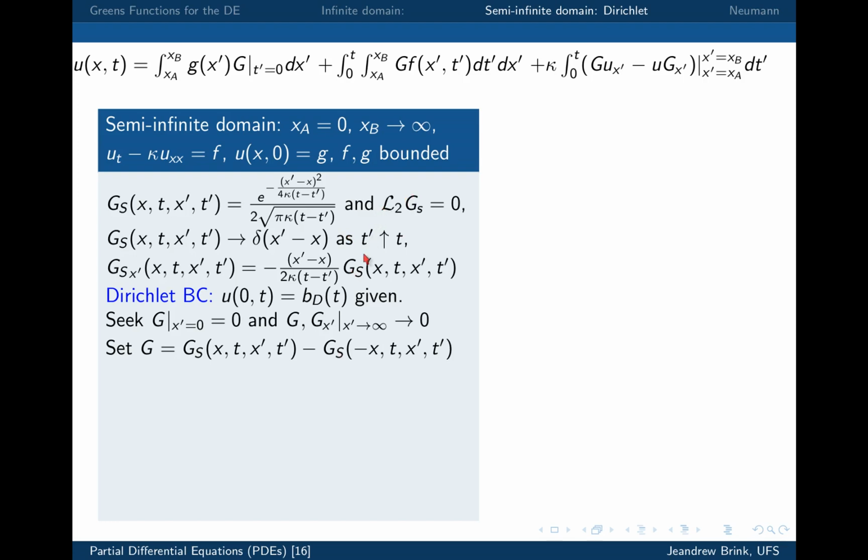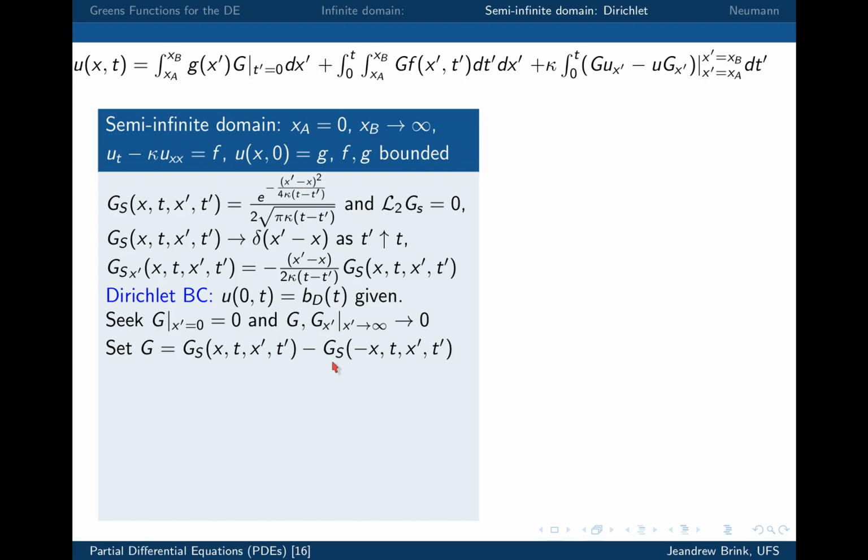Okay, so if we were to do this thing, we can see firstly that if we make the difference between these two and we evaluate it at x prime equals 0, then because this thing is quadratic in x, it's actually 0, this difference.